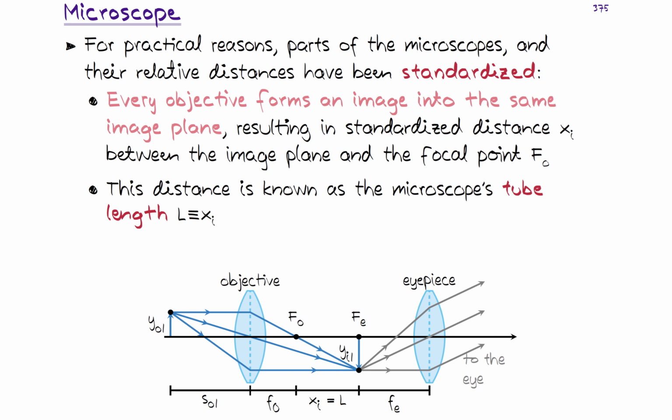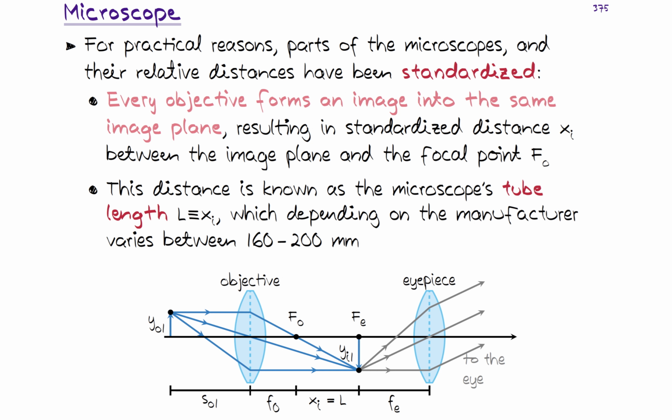And this means we can always construct our microscope frames with the knowledge that this x_i will be only a given specific number. This is called the tube length L. Depending on the vendor or manufacturer of a microscope, it varies slightly. Some companies use a tube length of 160 millimeters, and the objective lenses have been designed accordingly with the eyepieces.